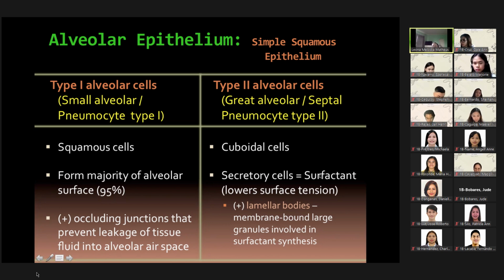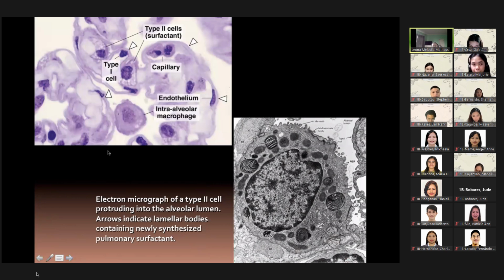So you see lamellar bodies within the pneumocyte 2, and these are membrane-bound large granules which are involved in your surfactant synthesis. Let's look at this. So look at this. This is actually your type 1 here. As you can see, these are squamous cells. Whereas here, this is your type 2.